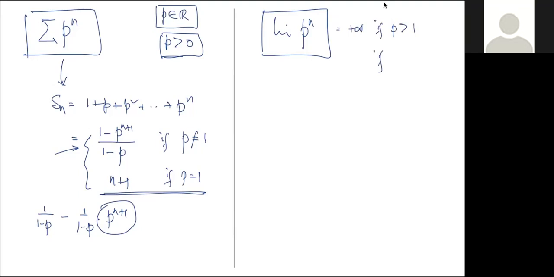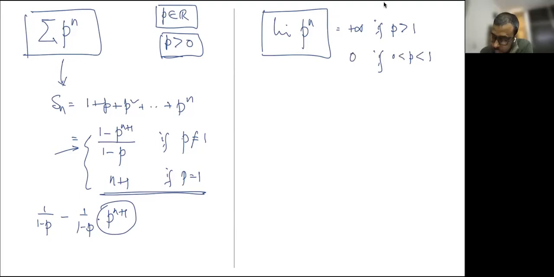If p is less than 1, then this will converge to 0. Since we are only concerned about p not equal to 1, this will cover everything. So about the series, what can we now say?